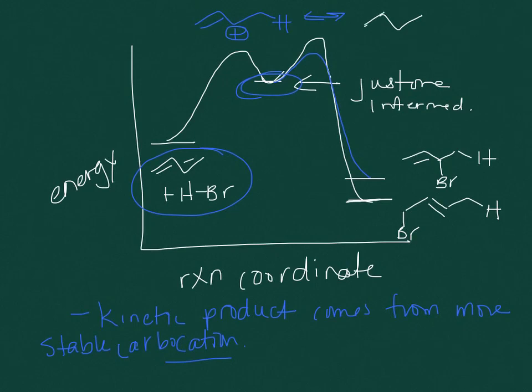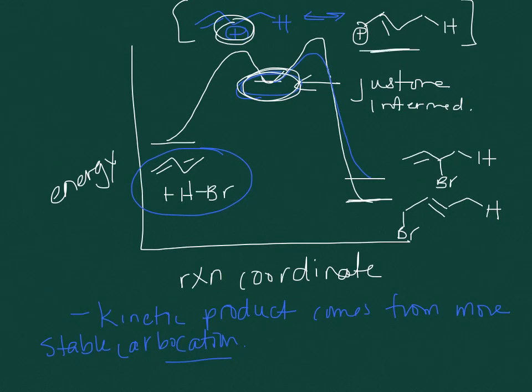What this means is that these two structures represent this one intermediate. There will be a greater amount of positive charge here on carbon 2 because that would be a secondary allylic, as opposed to here where you would have a primary allylic.